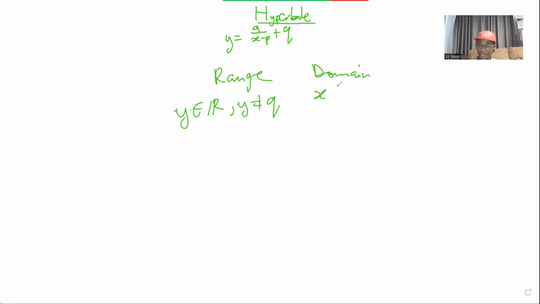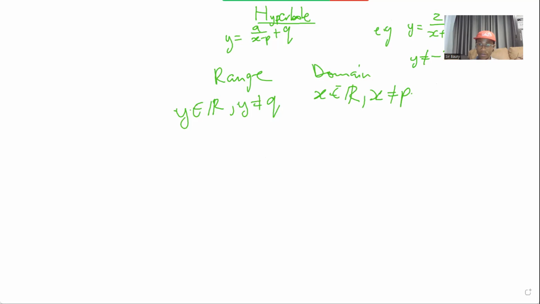The domain exists everywhere except at the asymptote, not p, but the asymptote. Remember, if you have for example y equals 2 over x plus 4 minus 3, the range: y is not going to be equal to negative 3.